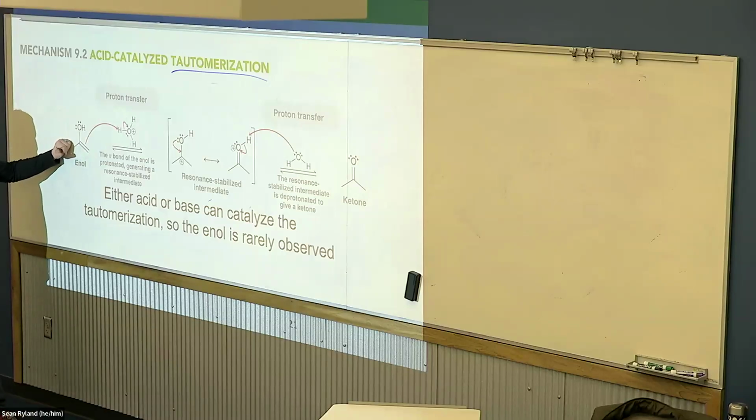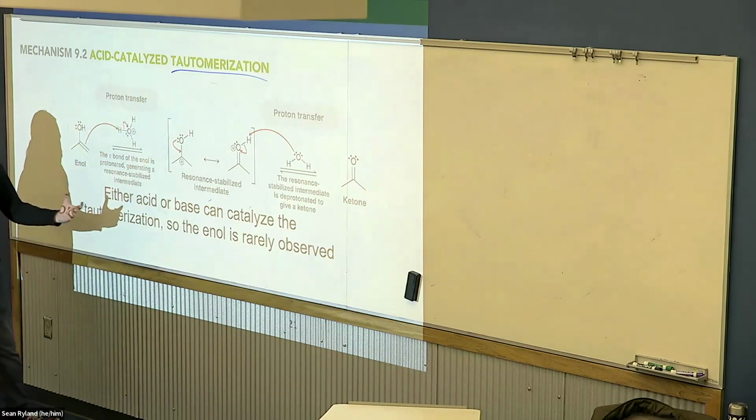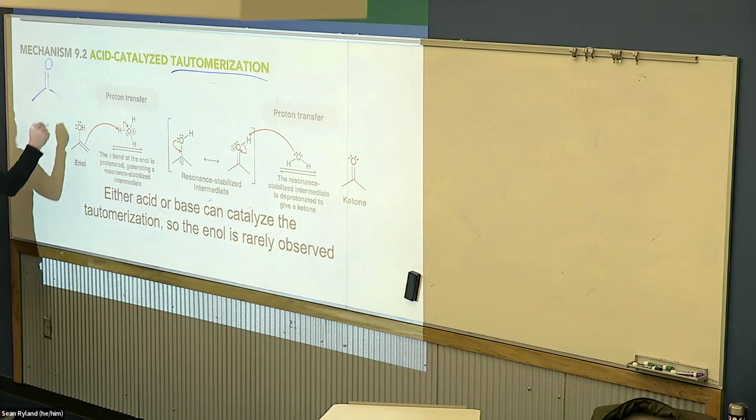And this is an ongoing process. Any ketone or any aldehyde is actually constantly going through this tautomerization. So you actually have a measurable amount of the enol. We always just call it acetone, but acetone is always in an equilibrium process, if there's any amount of acid or base in the solution.